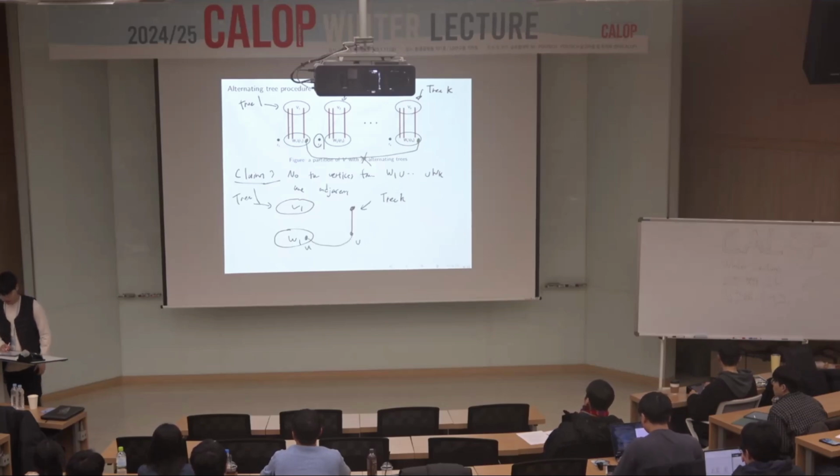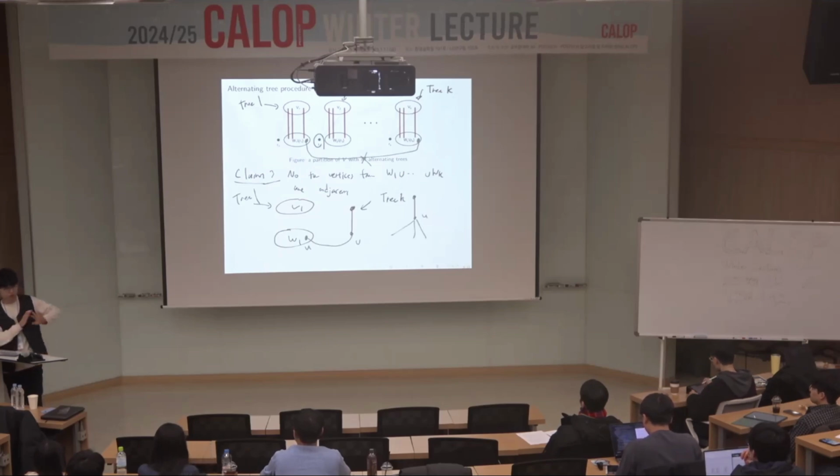But we are assuming that U and V are connected. Then let's look at this U when you grow your tree. The U is connected by some matching edge, and it's enumerating all vertices which will be included in the next odd level.